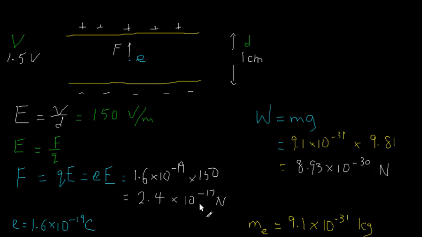If you compare these two, the ratio is, you can just subtract the powers. 30 minus 17 is 13. So 10 to the power of 13. The electric force is 10 to the power of 13 times more than the weight.